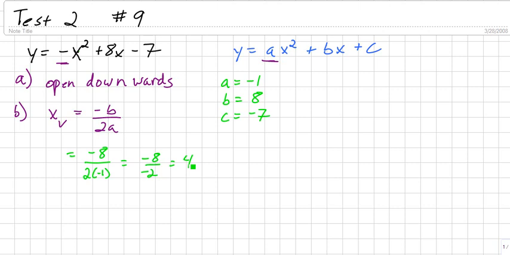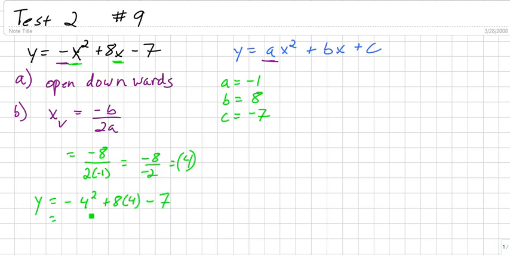Now again, the vertex is an ordered pair. It's a location, so there's a y-coordinate that goes along with the x-coordinate. To find the y-coordinate, we substitute that 4 back into the original equation, wherever we see an x. So y equals negative 4 squared plus 8 times 4 minus 7.